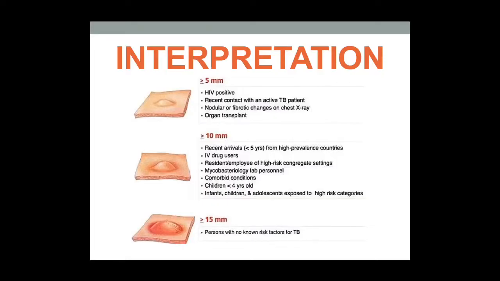However, for persons with no known risk factors for TB, more than or equal to 15 mm induration is considered a positive Mantoux test. So this is the interpretation of the Mantoux test based on the different types of patients with various conditions.